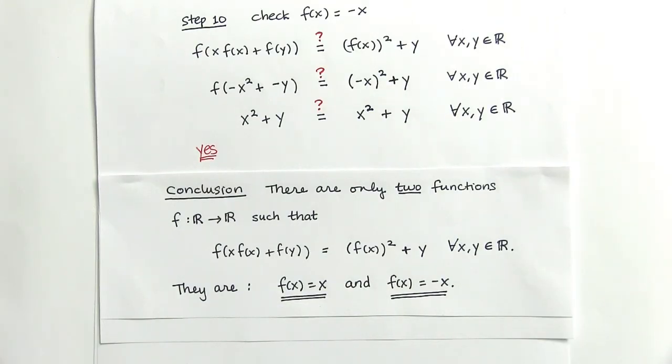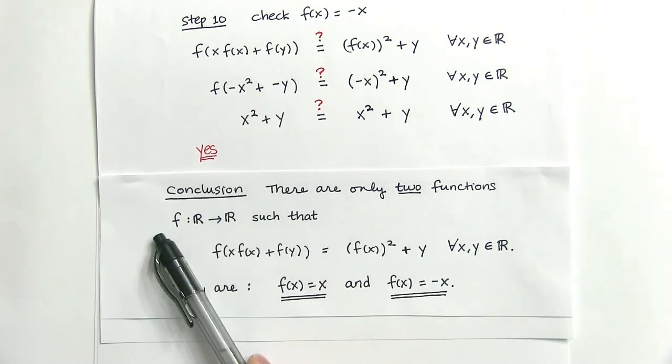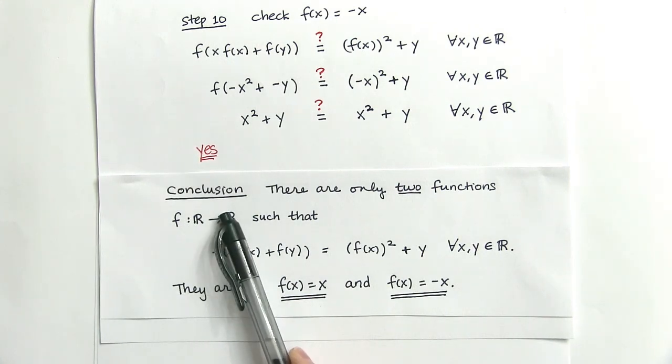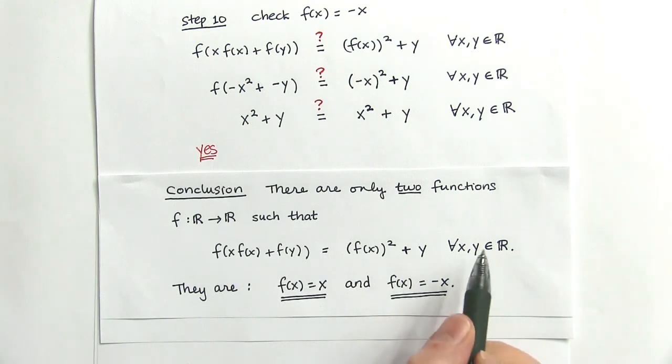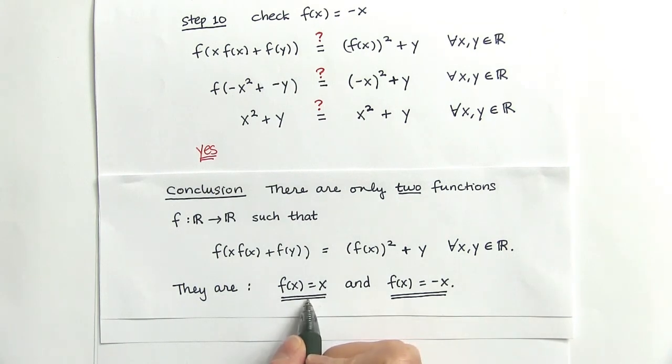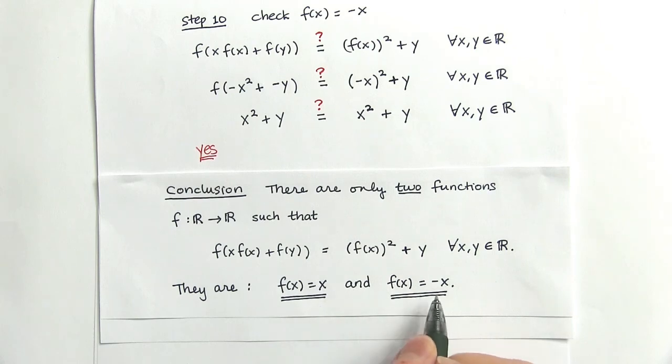So the conclusion is that there are only 2 functions f that map R into R, such that this condition holds for every pair of real values x and y, and those 2 functions are f at x is x and f at x is minus x. And the problem is solved.